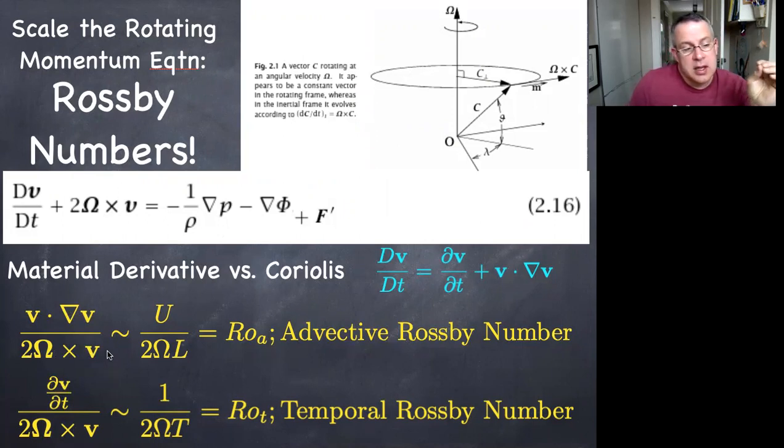I went over this part quickly, but basically in the typical ocean and atmosphere cases, we expect both the advective and the temporal Rossby numbers to be small, because we expect the motion to be on very large scales, or the velocities to be quite small compared to the velocity of the rotation of the Earth, or on very long time scales, much longer than the period of a day, or a factor proportional to a day. We'll get a little bit more careful about what we mean by day in a moment, but we expect both of these numbers to often be small.